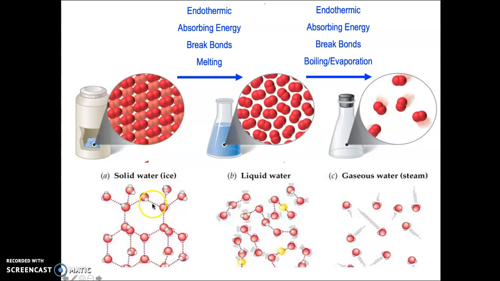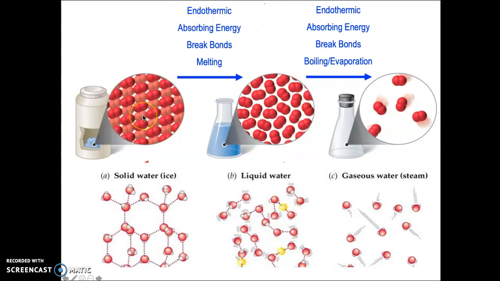But we are going to need to break some of these intermolecular bonds so that the molecules can spread apart a little bit, which is what they do when they go from solid to liquid. So we are going to be breaking just those weak little intermolecular bonds, and those little yellow circles represent where the intermolecular bond is breaking. They just break in some places.